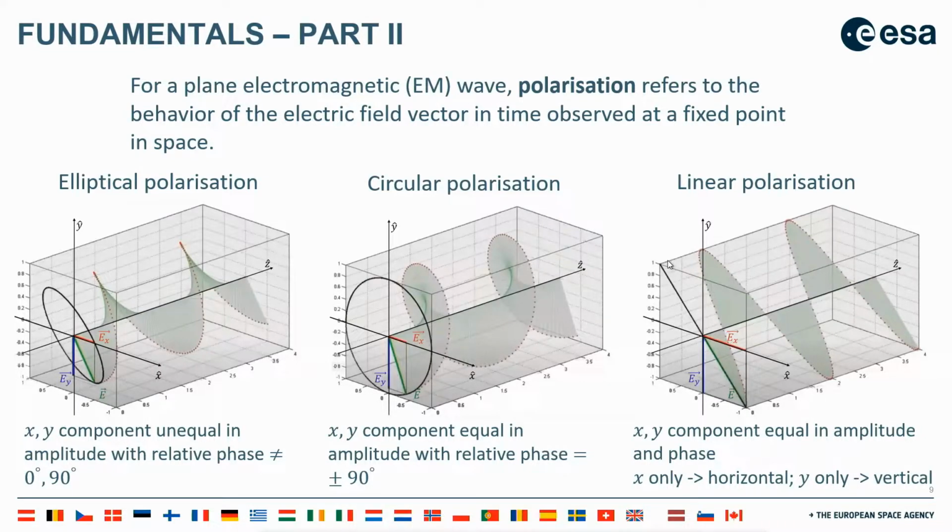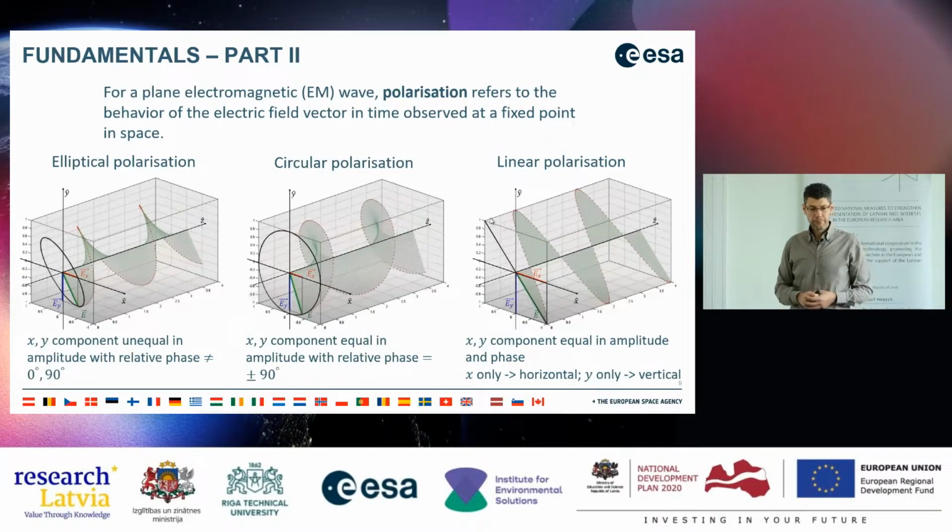Then the electric field vector, in green, follows an ellipse while the components are rotating, right? Then this specializes into the circular polarization, the case when both components, X and Y, are equal and you have a relative phase between the two components of plus or minus 90 degrees. That means that again the electric field vector, here in green, will give you a circle.